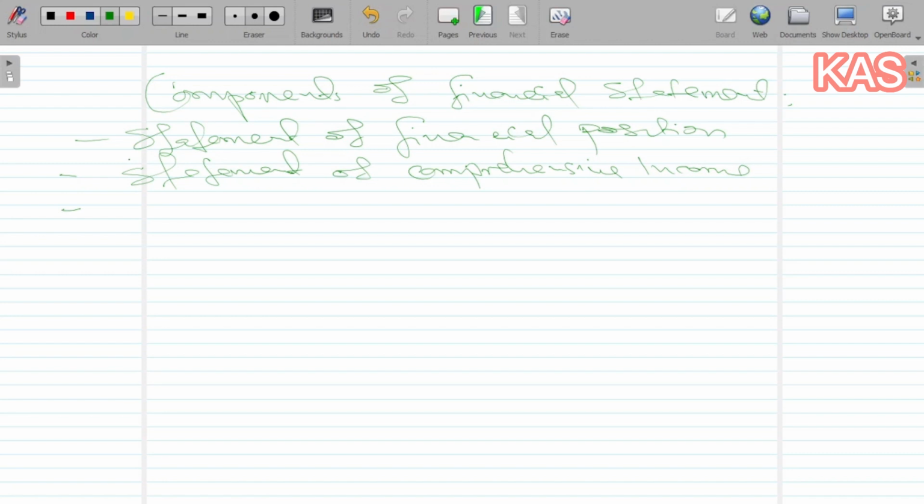Three, you must have a statement of changes in equity.